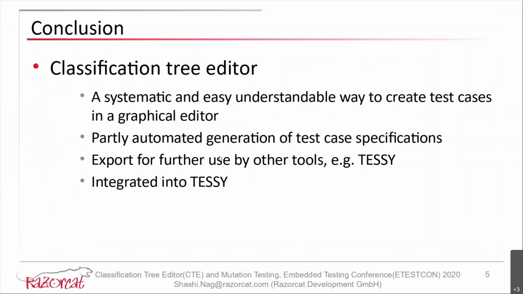I will also show this part in the reports, where we can see the test spec is documented. Next, we can export the CTE and CTEX file and import it in any other tool, for example TESSY. And the good part is that CTE is integrated into TESSY.